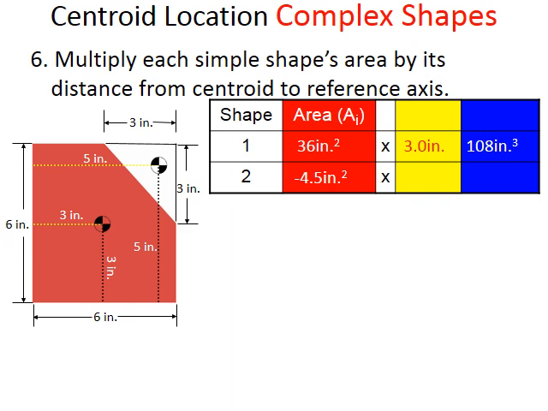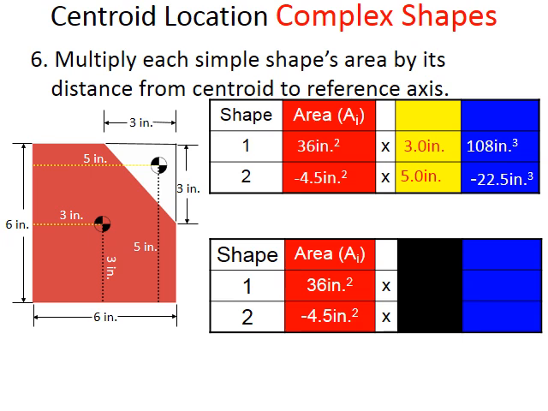And here in shape 2, remember we're cutting it away, so we're considering that a negative area, and we get minus 22.5. Do the same thing for the y's, and we get 108 cubic inches again, and minus 22.5 cubic inches for y.